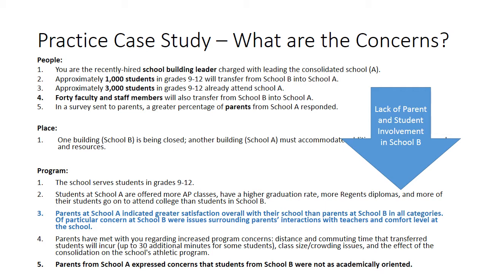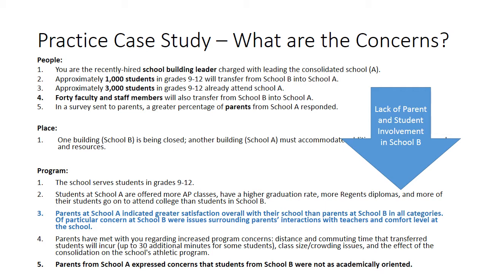There are other issues embedded in here. You could probably think of at least one. For example, I think one of the issues might be how to transfer in successfully all of the different faculty, how to transfer in all the different resources and building, and accommodate all the students in terms of building facilities and resources.